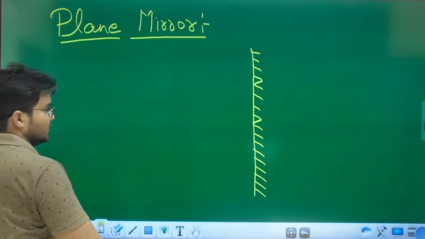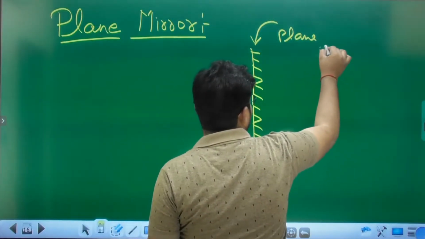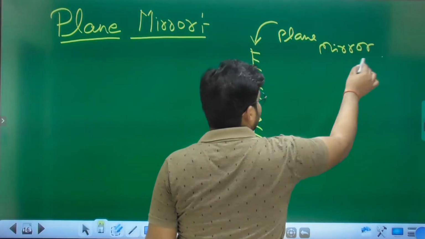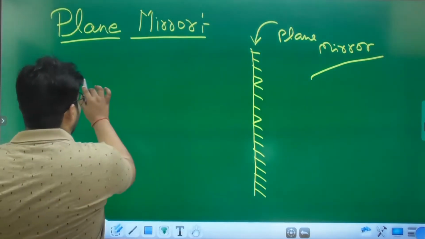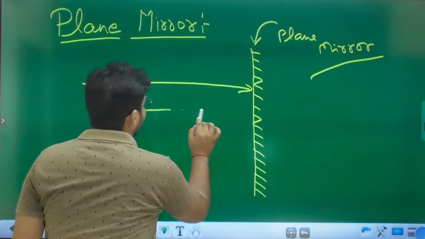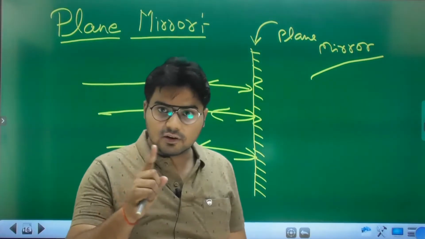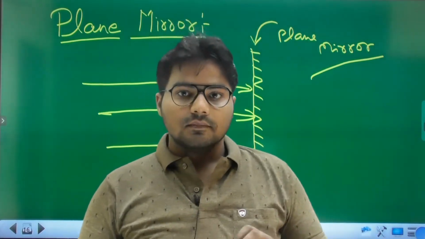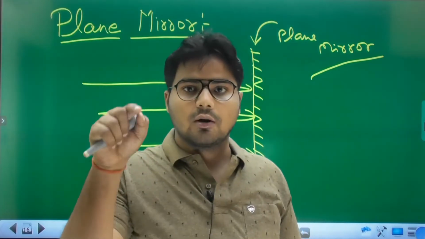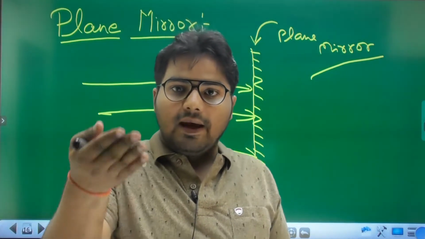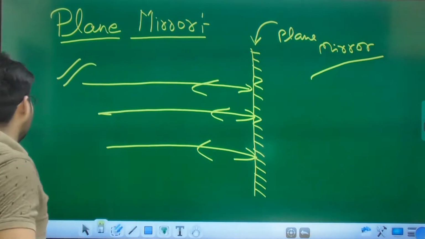So this one is your plane mirror. Whatever light falls on it totally bounces back. And there is one rule: when a light ray falls perpendicular to the normal, it simply goes back along the same path. Clear? So this one is your plane mirror.